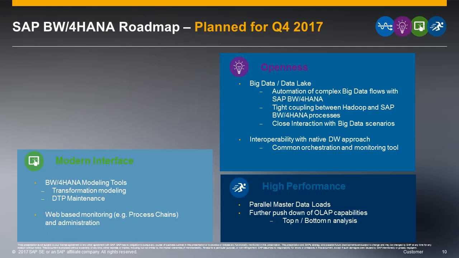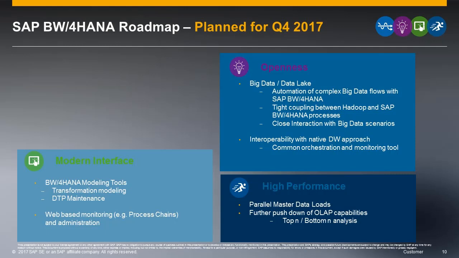So you're going to have that ability to put dependencies on data flow or processes in Hadoop to either start or stop processes in BW. So the integration is getting much tighter, and this, I am guessing, is going to get even tighter or more integrated as we progress going forward.